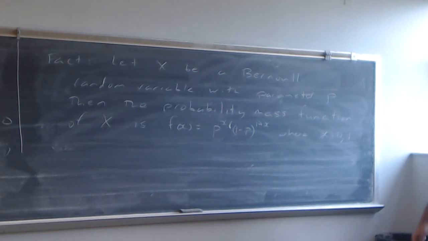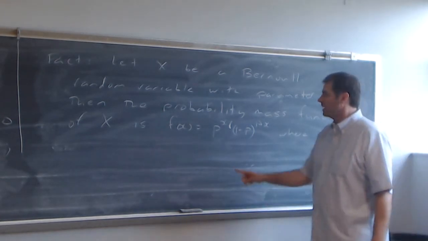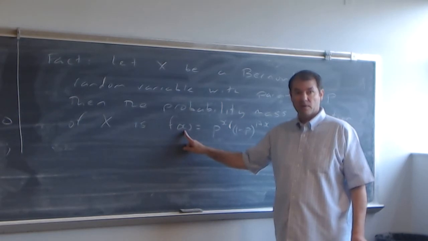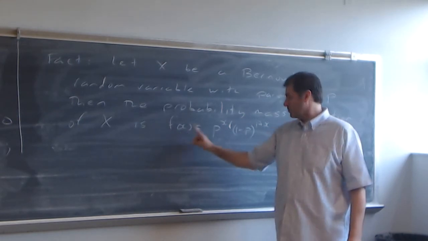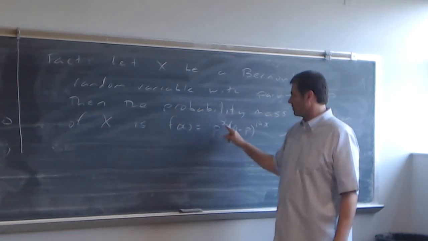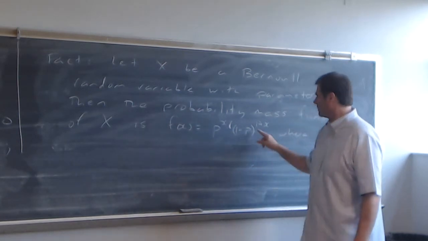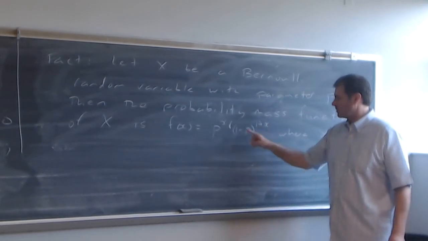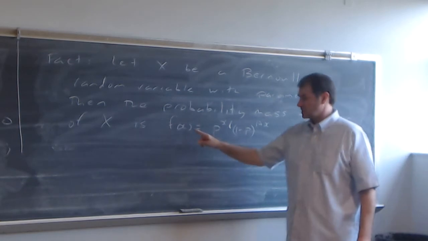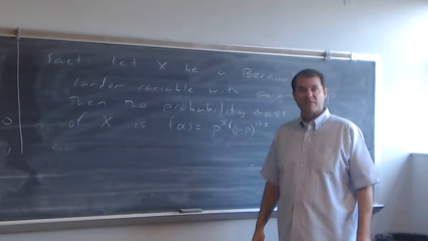This makes a lot of sense. If x was 0, that means that big X would have been equal to 0, which means that we had gotten a failure. What's the chance of getting a failure? It's 1 minus p. So if x is 0, p to the 0 is 1, and 1 minus p to the 1 minus 0 is just 1 minus p. 1 times 1 minus p is 1 minus p. So when x is 0, the PMF that we've written down here does seem to work.